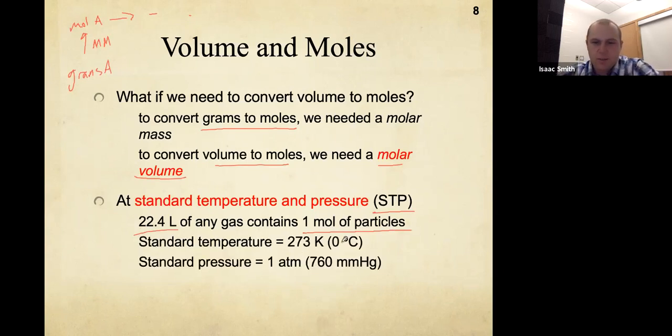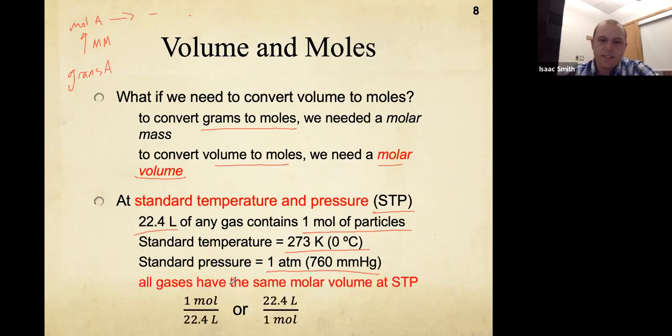Okay, so standard temperature is 0 degrees Celsius at 1 atmosphere. As long as the problem, and the problem usually says at STP conditions, or it may say it's at 0 degrees Celsius and 1 atmosphere of pressure, in which case you would know that it is standard temperature and pressure.